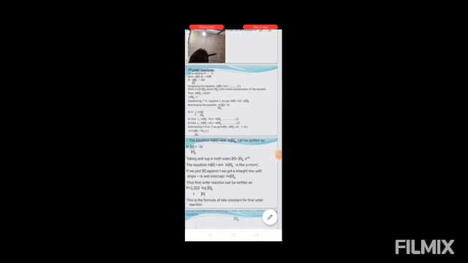For first order reactions, the rate equals minus dR by dt, which is equal to K R to the power 1, according to the rate law expression. Now take all the R terms to one side and you will get dR by R equal to minus K dt.